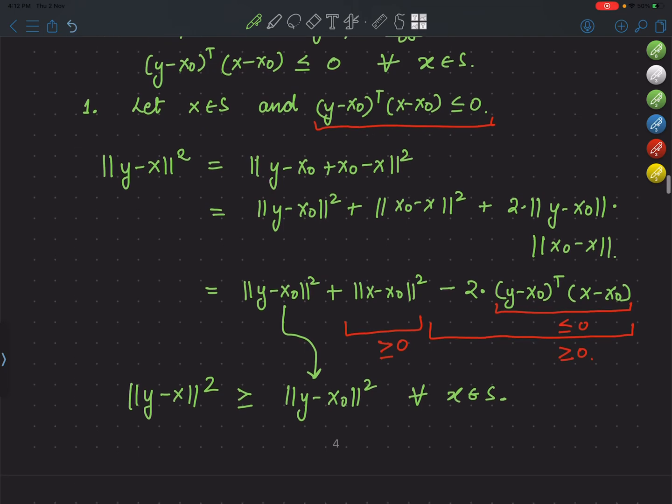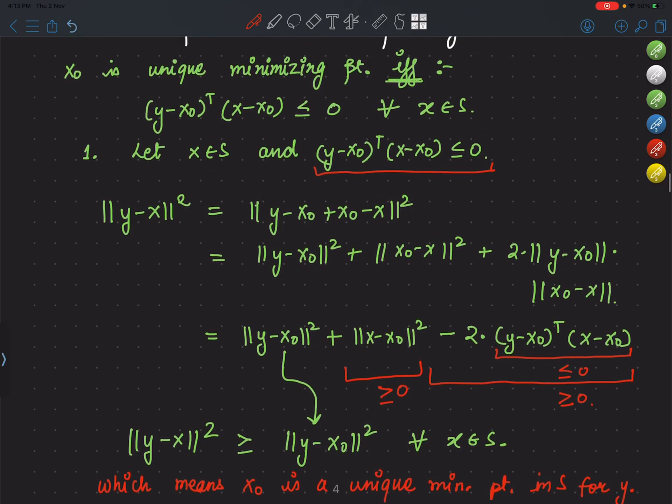Which means x₀ is a unique minimizing point in S for y. This is what it means. So this is the first part.